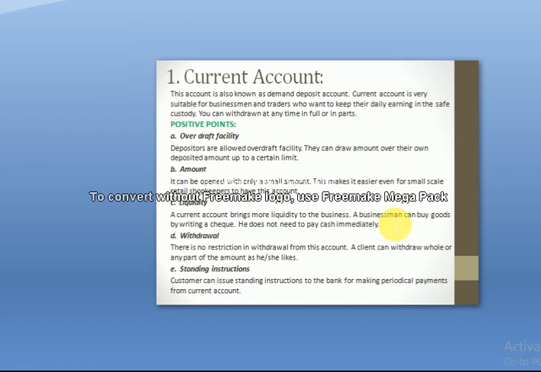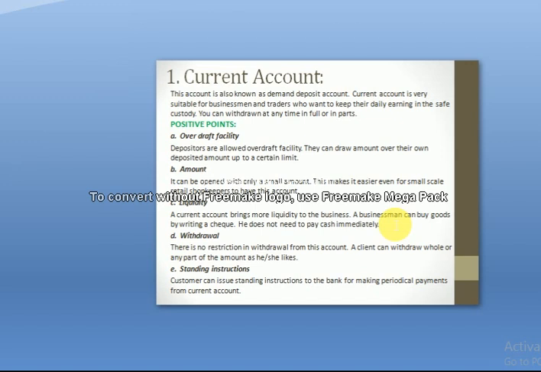On every Thursday, make payments to my suppliers. At the end of the month, pay salaries from my accounts to my employees. These are called standing instructions.